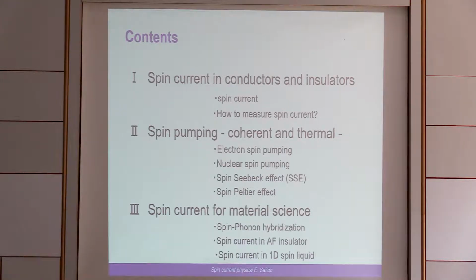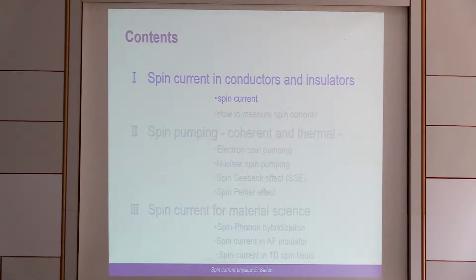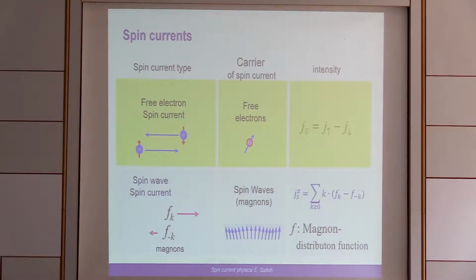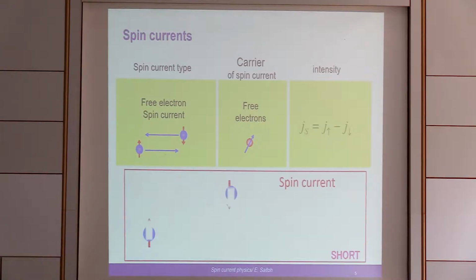First, what is spin current? Spin current is a flow of spin angular momentum in condensed matter. There are some kinds of spin current in condensed matter. The first one is a very famous one, free electron spin current. If there is a counter propagation of upspin and downspin of free electrons like this, there is no net charge flow, but the flow of spin angular momentum is finite.